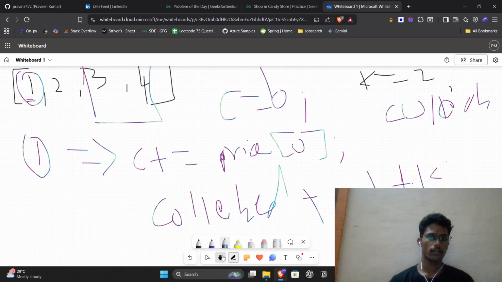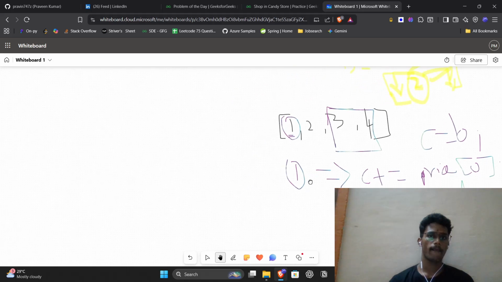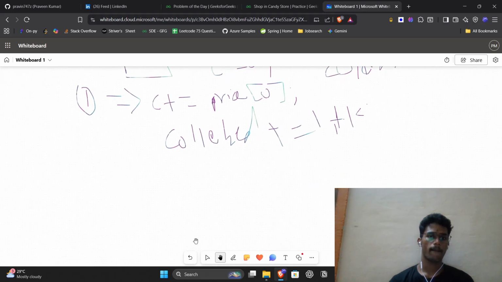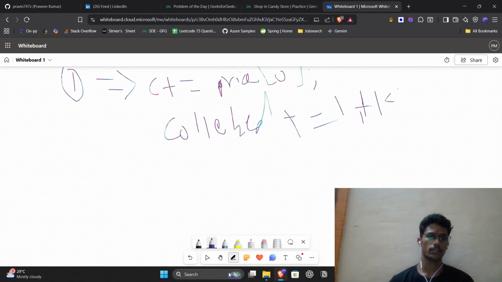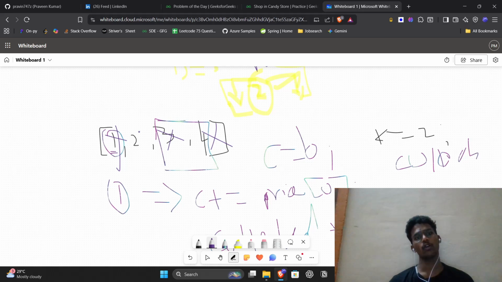And in the second step, we already bought this one and got these two for free. So the candy store would have only this candy. No more candies exist.